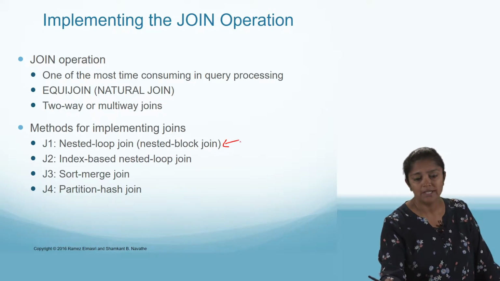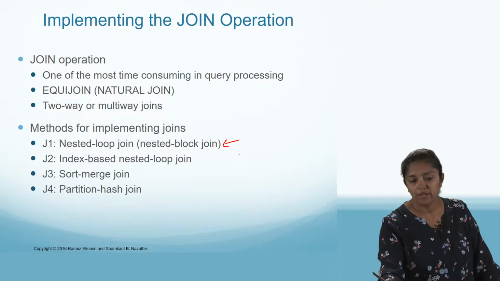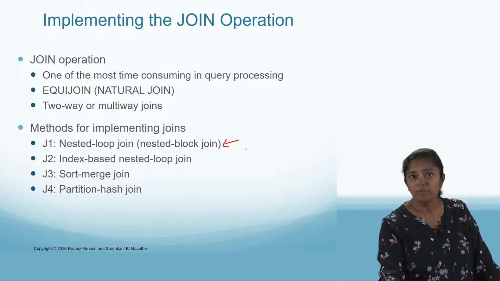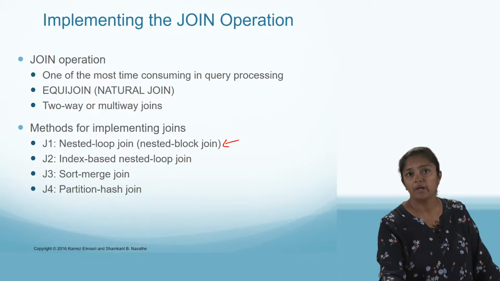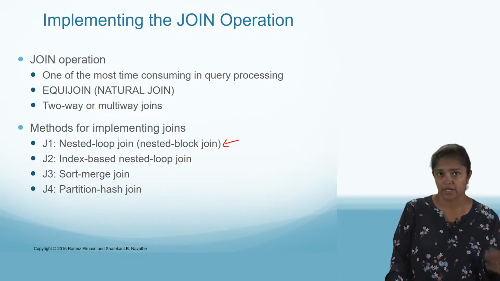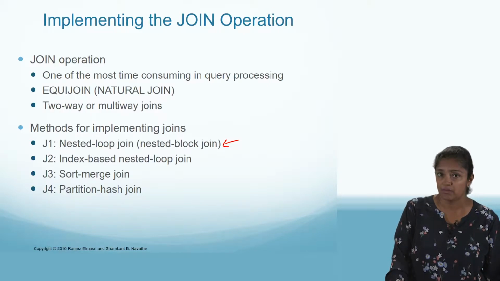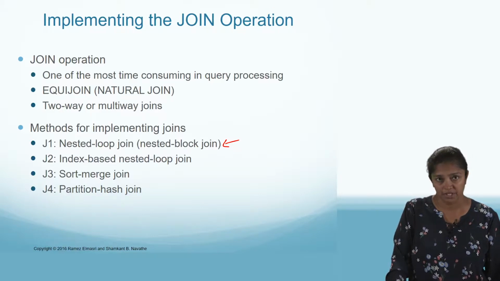The first one is nested loop join. Basically this is our brute force method, wherein we have our two relations that are being joined, and in a nested manner, every tuple of the first table is compared with every tuple of the second relation, and so on. The second method uses indexes. If indexes have been set, then they are used in the join operation in order to make the join more efficient.